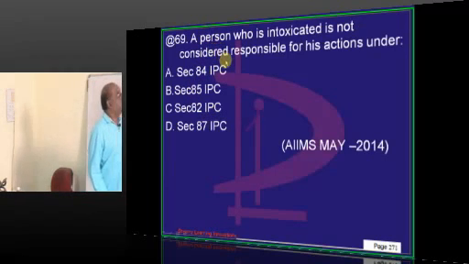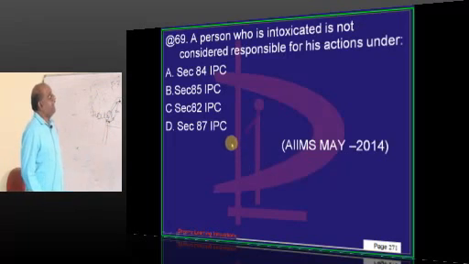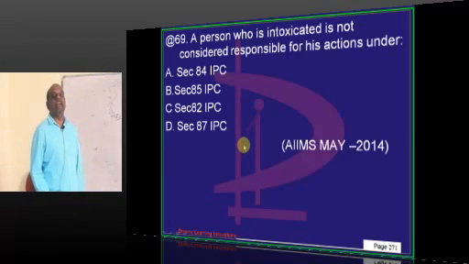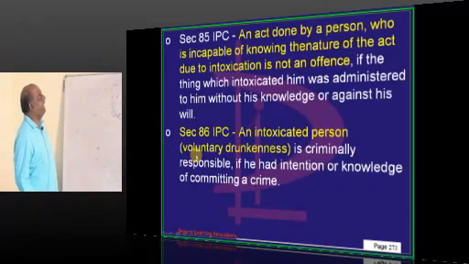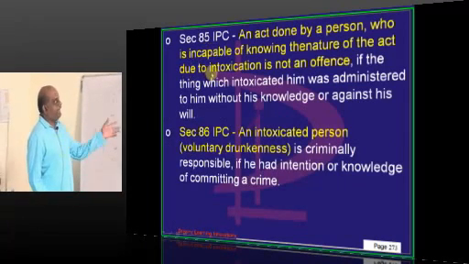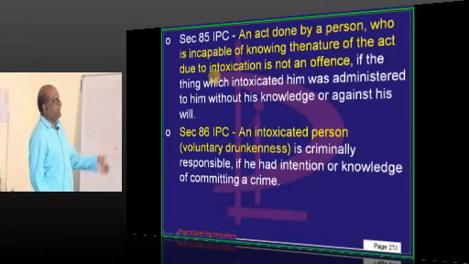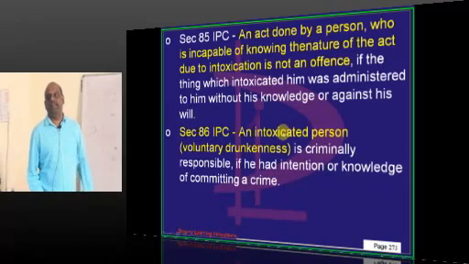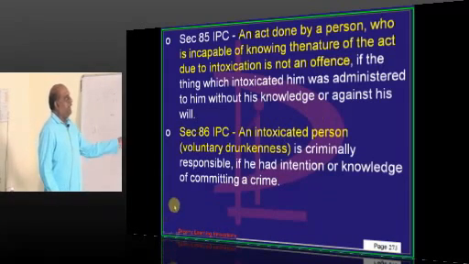Then a person who is intoxicated is not considered responsible for his action. That does not mean that you drink well and kill somebody, right? So section 85 of IPC: any act done incapable of knowing the nature of the act because of the intoxication is not treated as an offense, is what needs to be remembered.